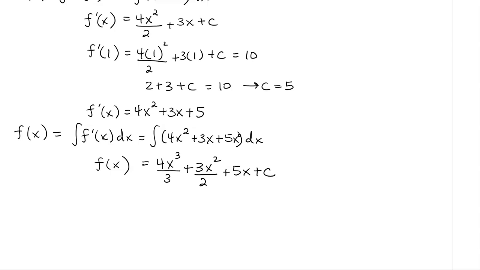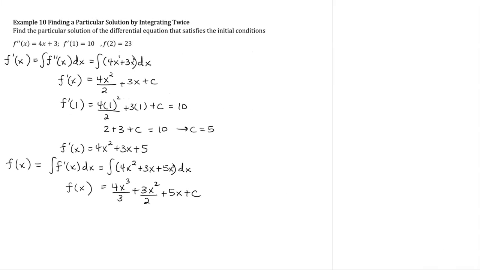So this is what we have for our function f of x. We are not interested in this general arbitrary solution. We are interested in the particular solution that when we plug 2 into the function, so I am now replacing all of these x's with 2, we would get out 23.